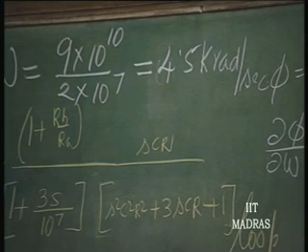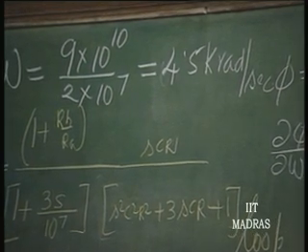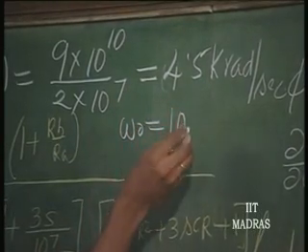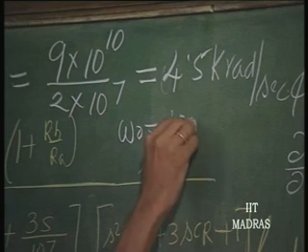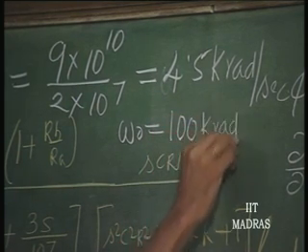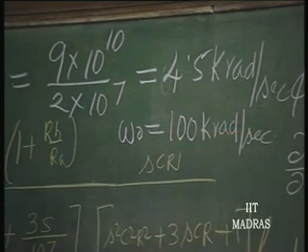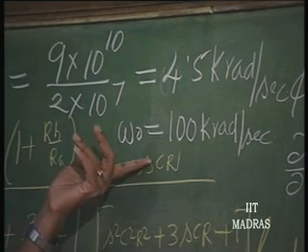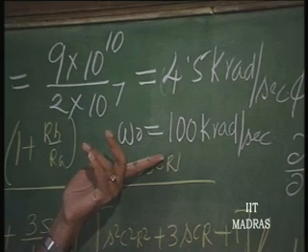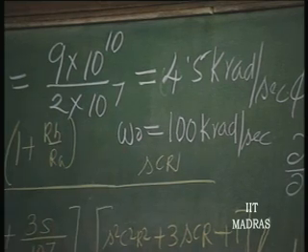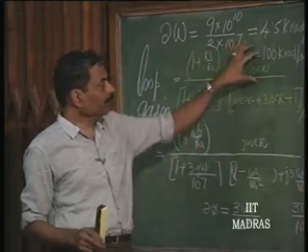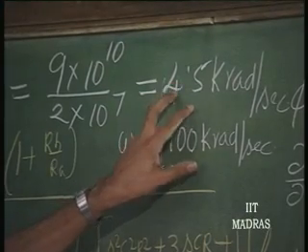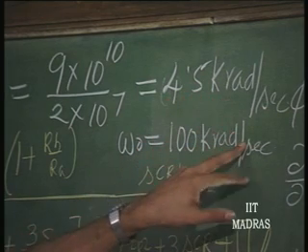Compare this with the frequency of oscillation, omega naught, which was 10 to power 5, that is actually 100 kilo radians per second. So, when the frequency of oscillation was 100 kilo radians per second, using the same amplifier op amp in both the cases, in this case the deviation due to active parameter sensitivity is 4.5 kilo radians per second.